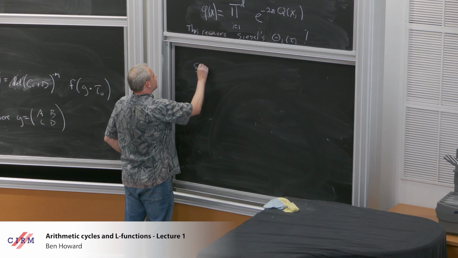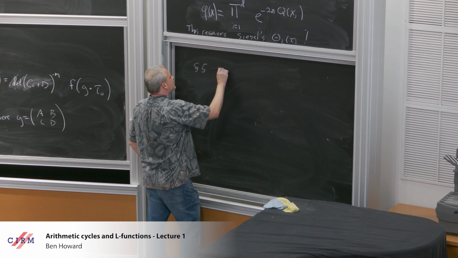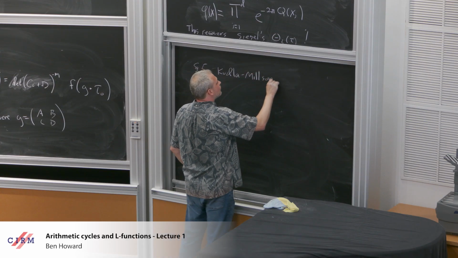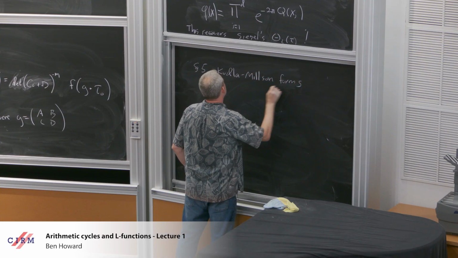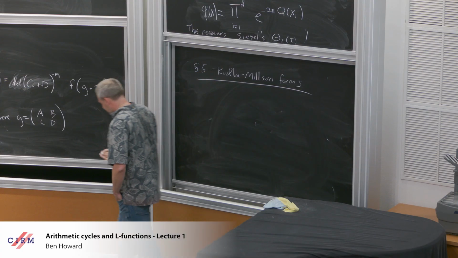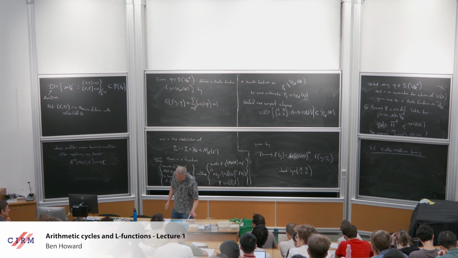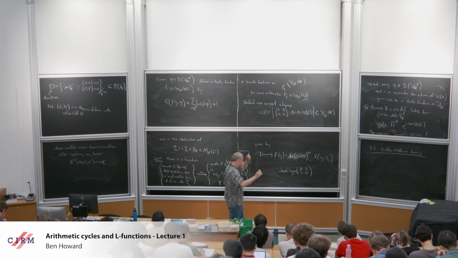Section 5-ish. Kudla-Millson forms. Okay, back to our Shimura variety.